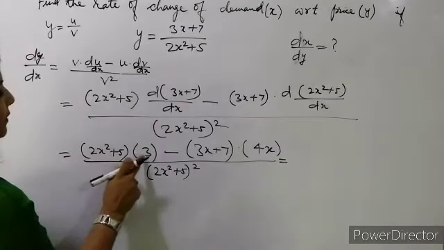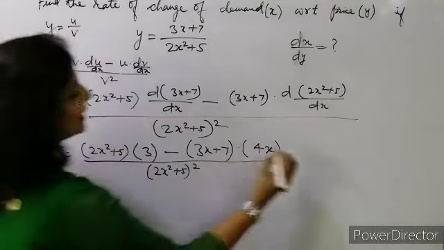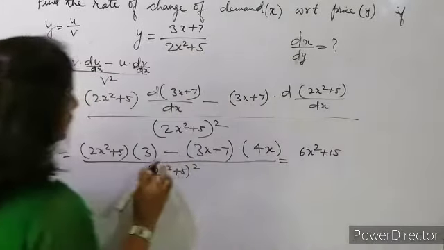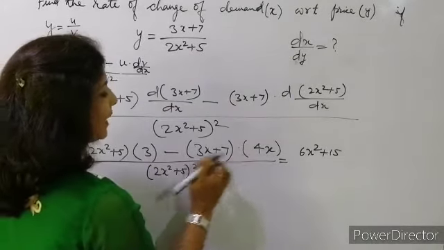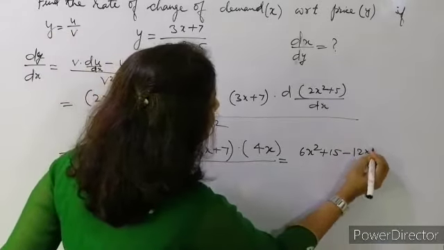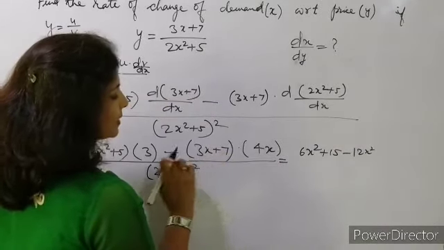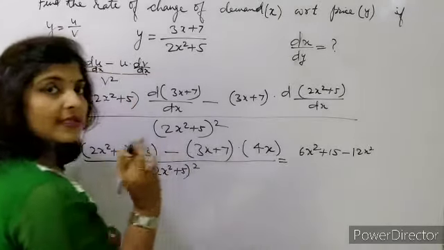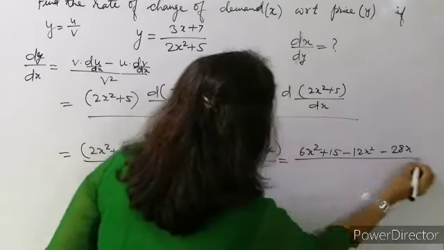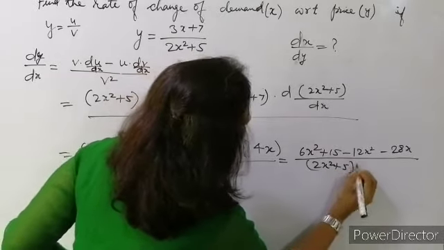Now we'll multiply this. When we multiply this by 3, we get 3 into 2, 6x square plus 5 into 3, 15. Minus 4x into 3x, which will be 12x square, and 4x multiplied by 7, 4 7s are 28x, so minus 28x, divided by (2x square plus 5) whole square.